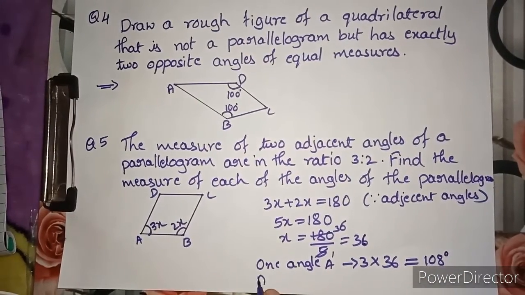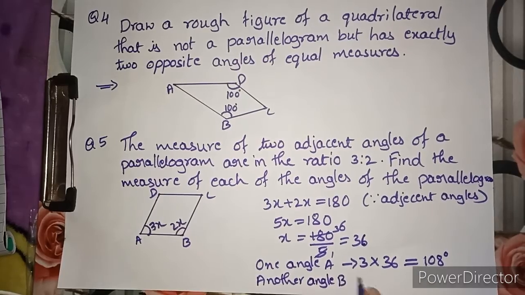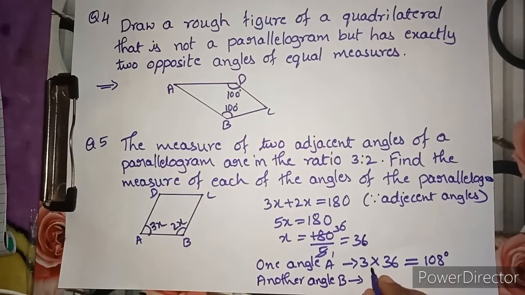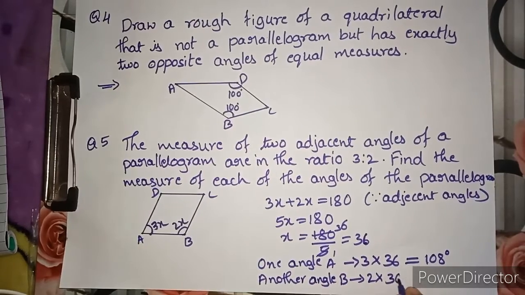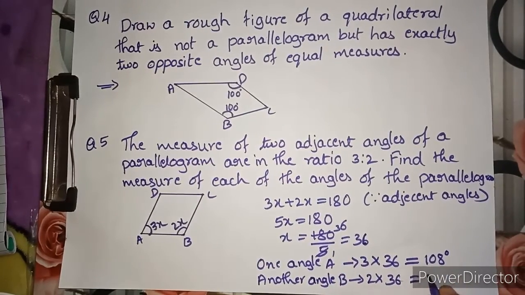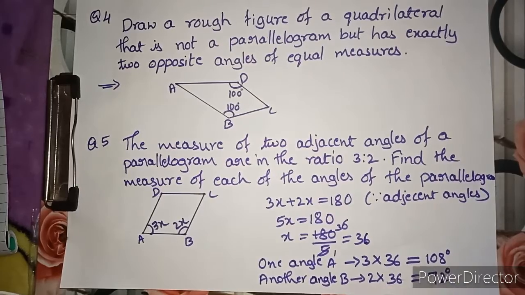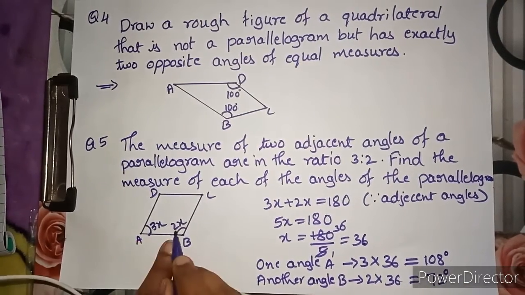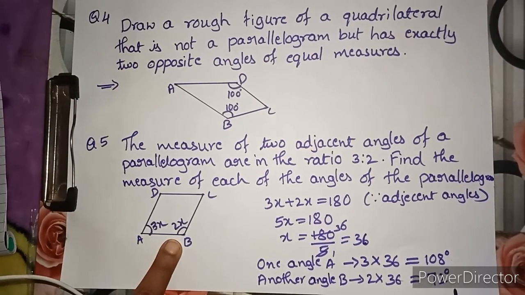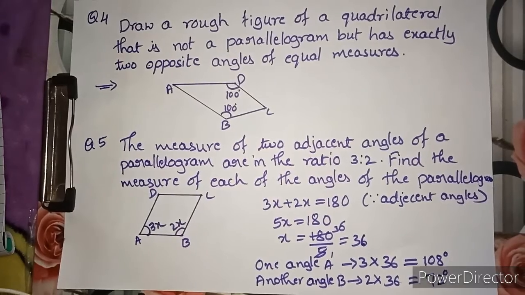And another angle, angle B is 2x, means 2 into 36 is equal to 72 degrees. So angle A becomes 108 degrees and angle B becomes 72 degrees, and this is the solution.